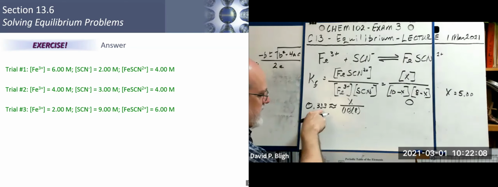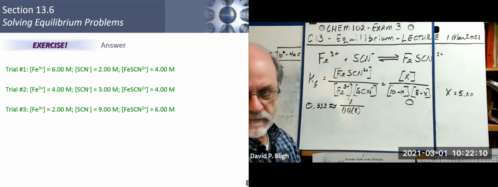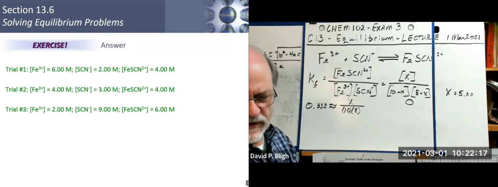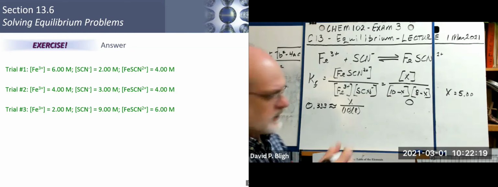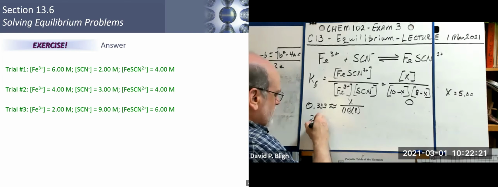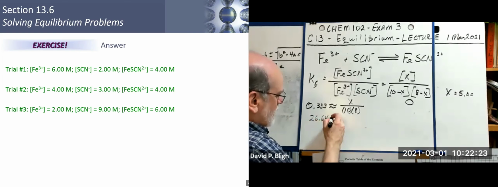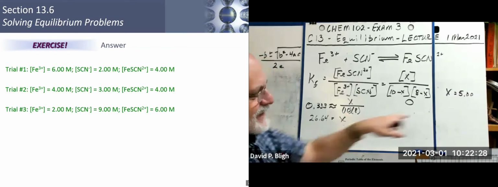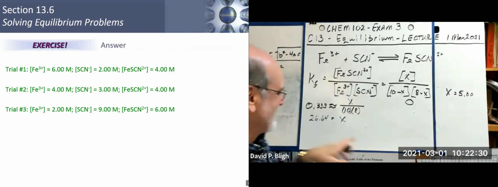So now this will be 80 times 0.333, right? 26.64, that's where I made my mistake earlier. 26.64 is equal to X. That's a long way from 5.